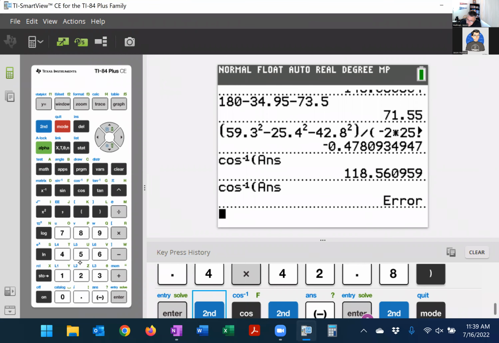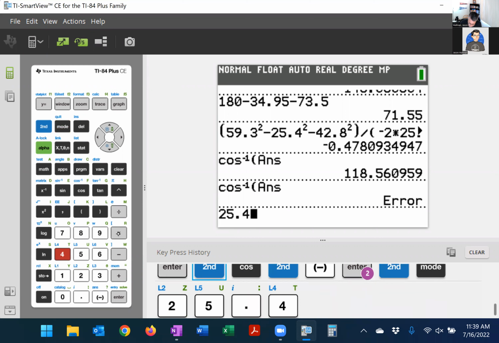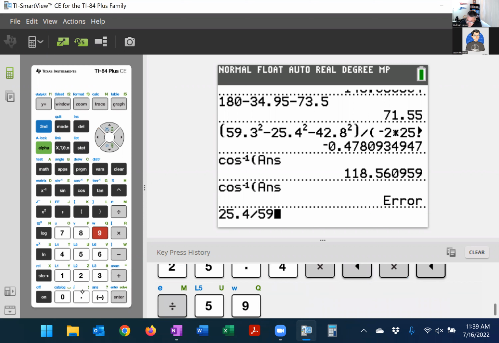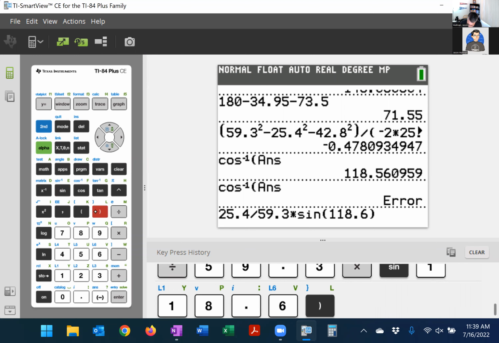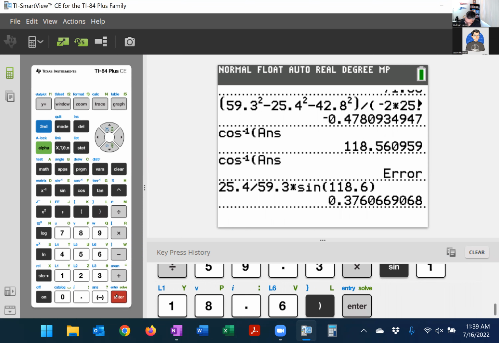So this is going to be A divided by C, so 25.4 divided by 59.3, times the sine of C, which we just figured out was 118.6. And that's about 0.3761.